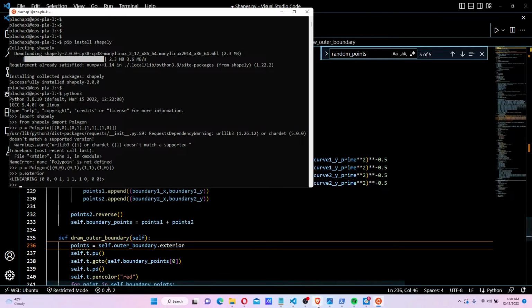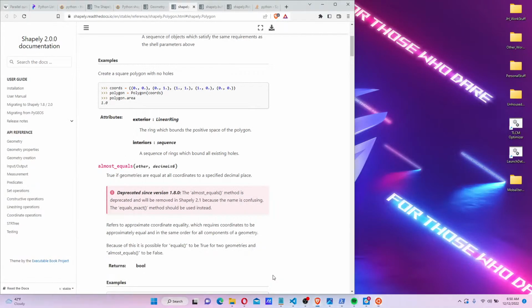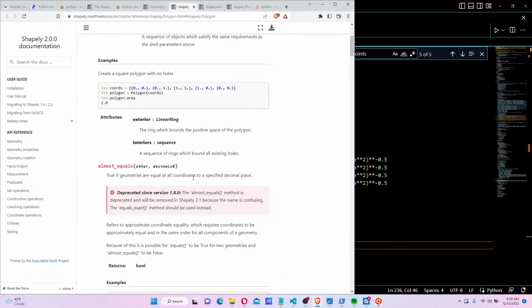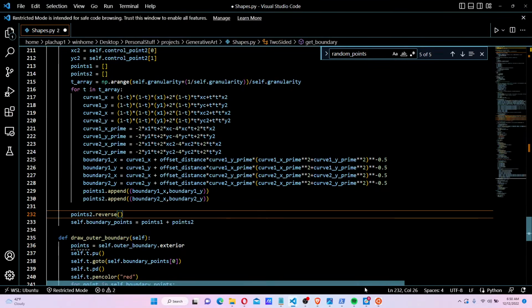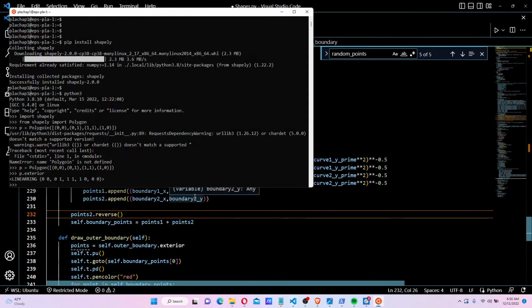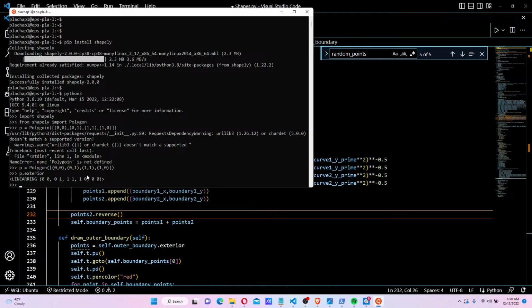Linear ring. I don't know what a linear ring is. 0, 0, 0, 1, 1, 1, 1, 0, 0, 0.